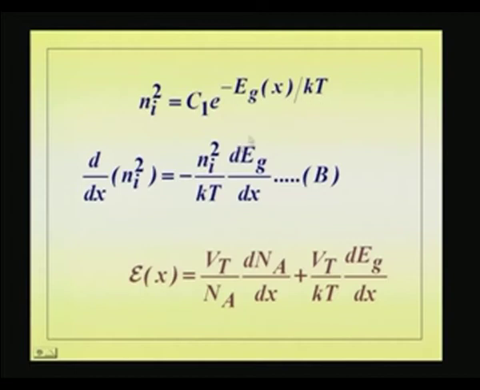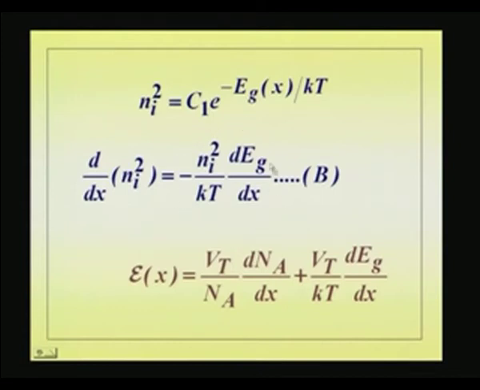But 1 by kT into the differential of Eg, dEg by dx, it is a function you are differentiating, simple differential formula. So, you get the whole term on the numerator, by kT, differential of this, minus is there because of that.